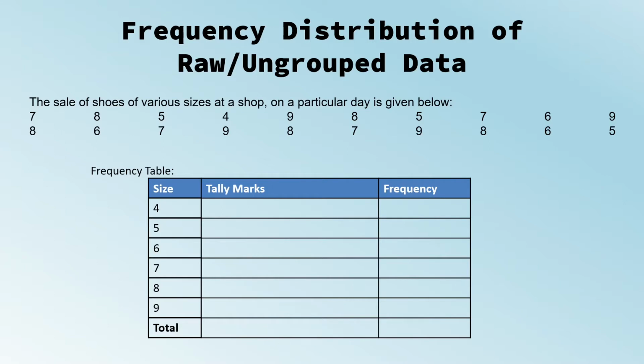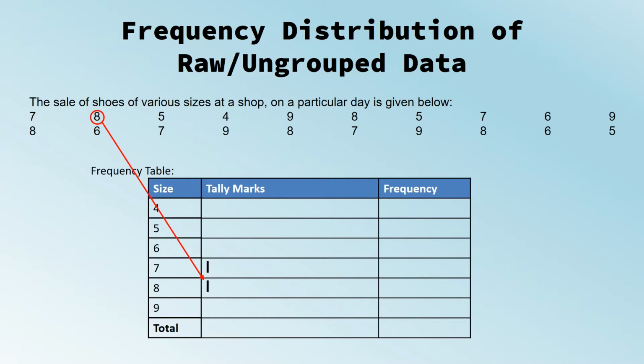So let us begin with the tally marks. The first number is 7, so you put a tally mark against the number 7 in the size. The next number is 8, so you put a count against the number 8.